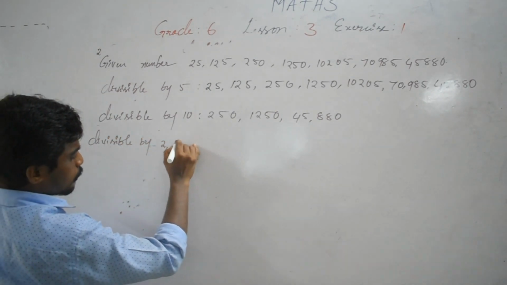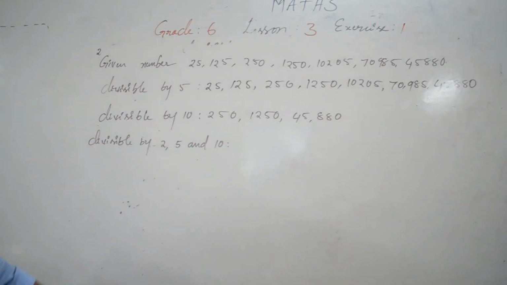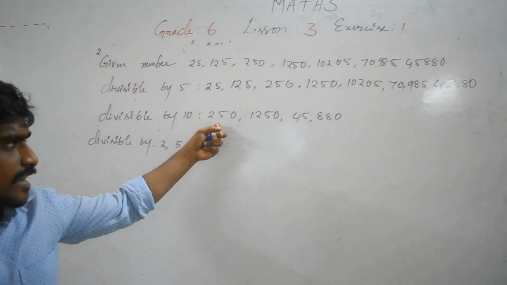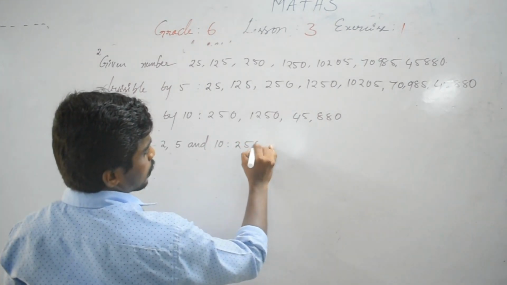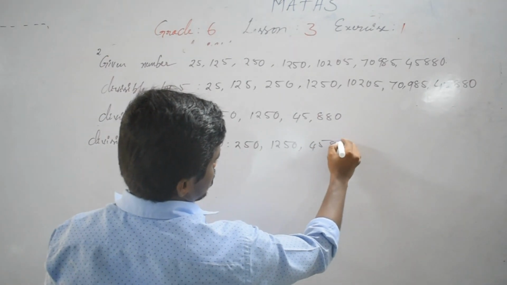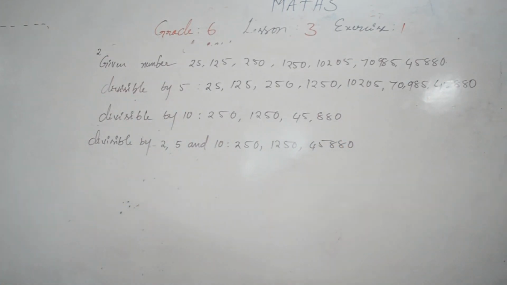Here see, this number is 2 divisible, 5 divisible, 10 divisible. So this number also, this number also. These numbers are divisible by 2, by 5 and by 10.